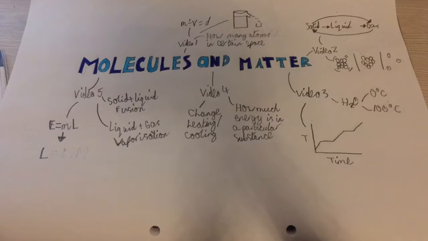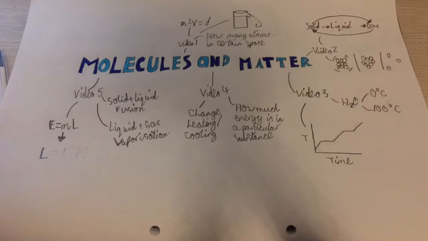Now in a substance, such as water, while the specific heat capacity is similar, the specific latent heat is not the same at all, and it is different. So the specific latent heat of fusion of ice or water is different to the specific latent heat of vaporization in water or water vapor.